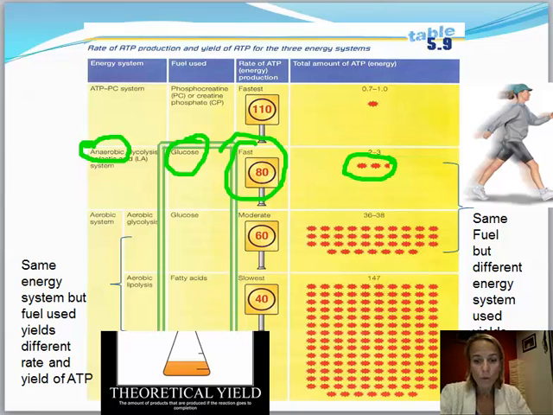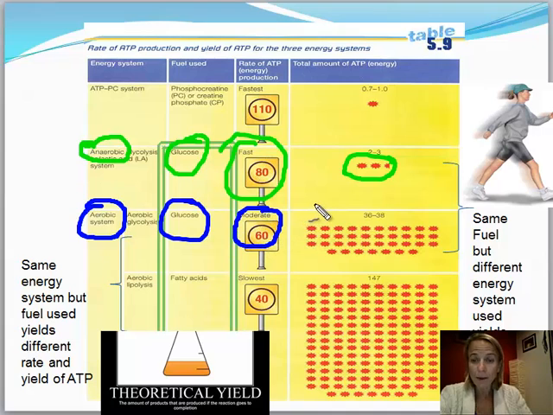Now compare this with glucose again, so the same food fuel, but this time we're working aerobically. So there's sufficient oxygen, and we're still using glucose. The rate is not as fast, but you get so much more ATP. So you get around 36 ATP.